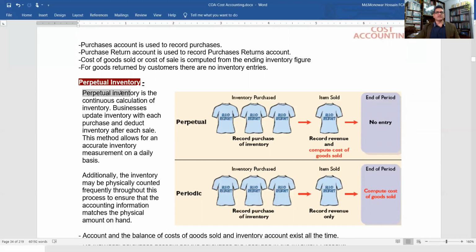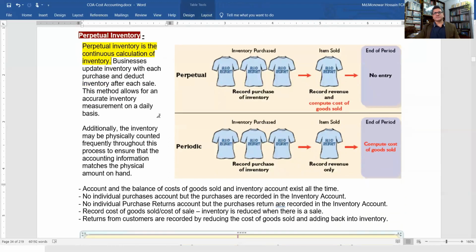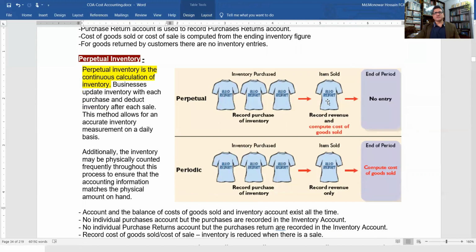Perpetual inventory is the continuous calculation of inventory. Look here. In the perpetual system, when inventory is purchased, record the purchase of inventory.